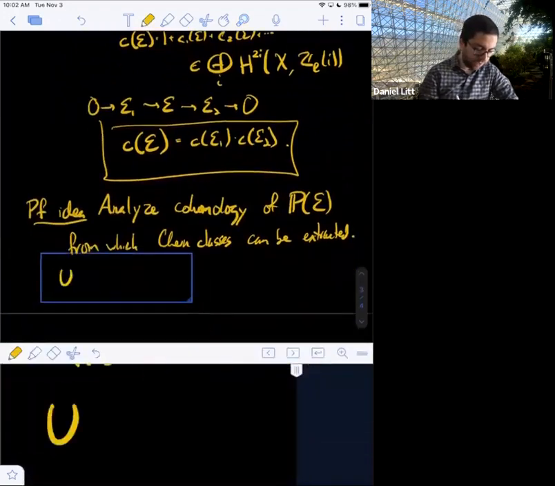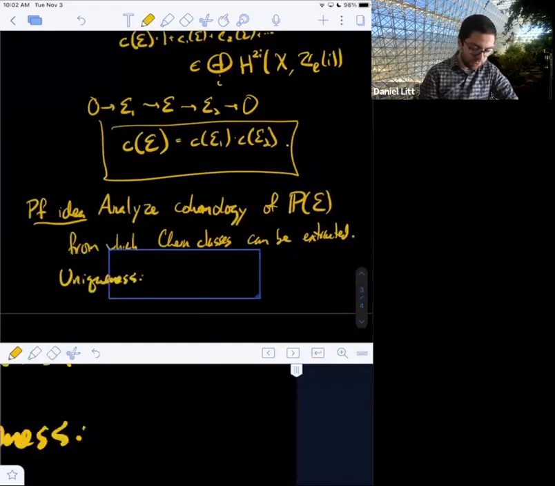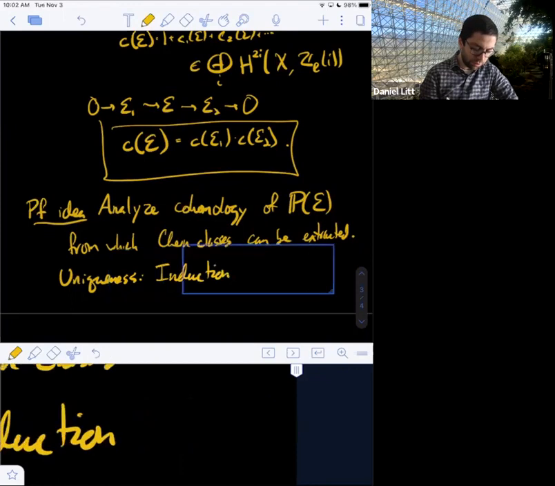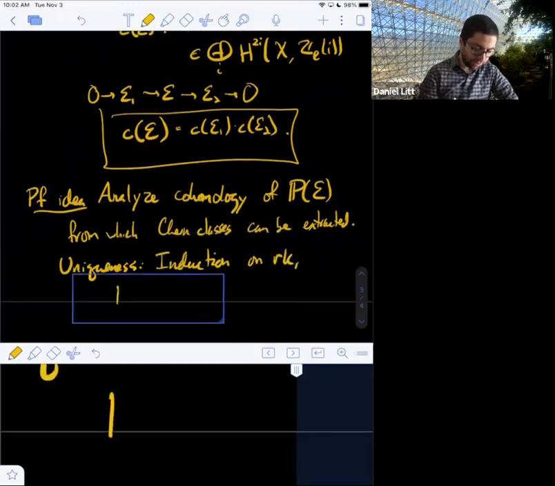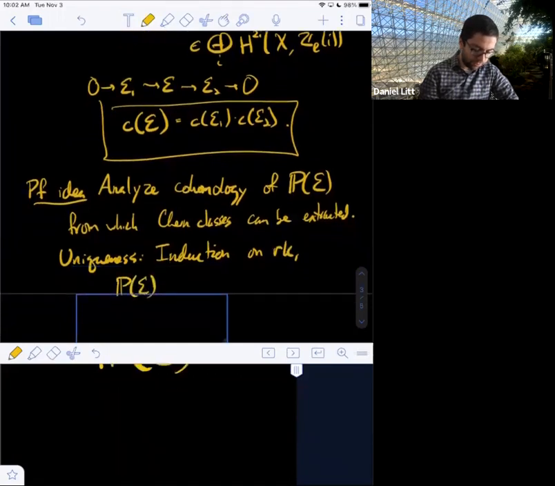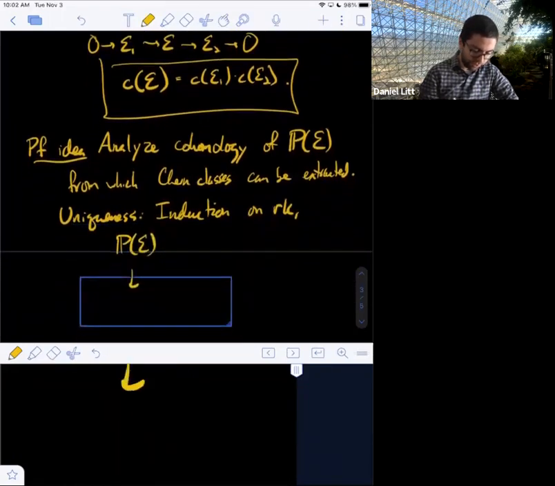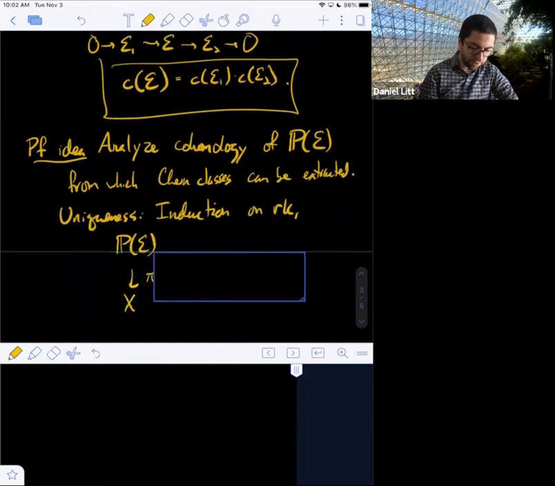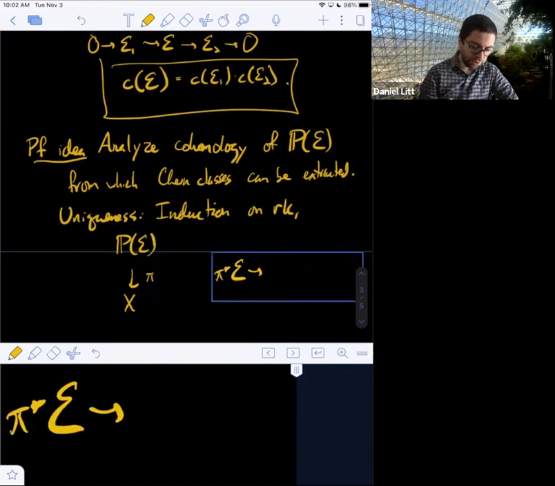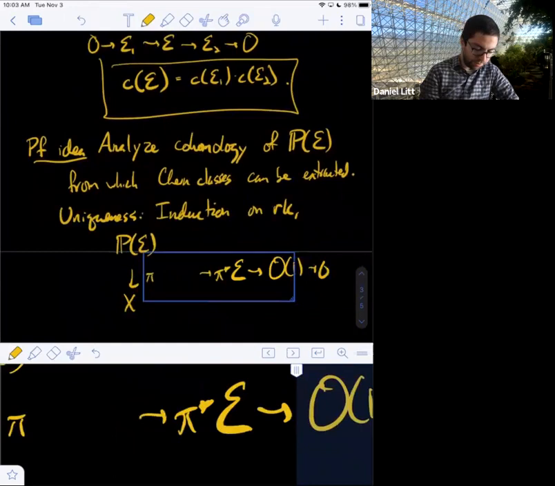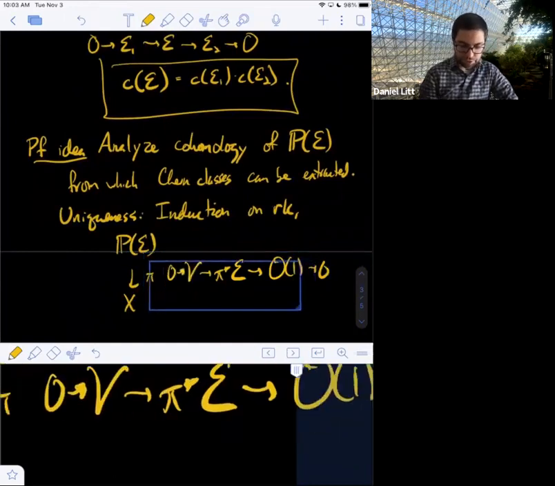So uniqueness. You use induction on the rank. If pi is the map from the projectivization of E to X, then pi star E has a line bundle quotient, and the kernel is lower dimensional.